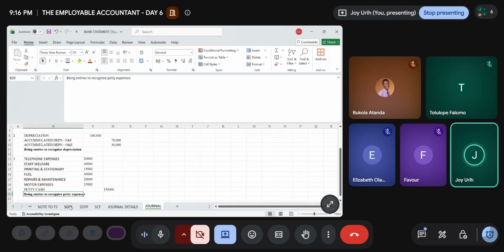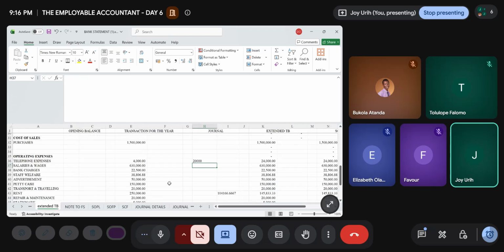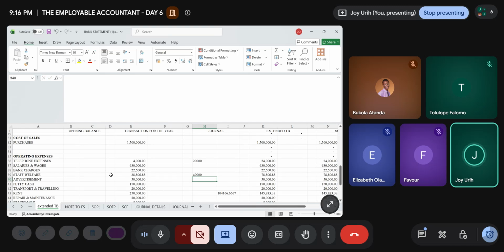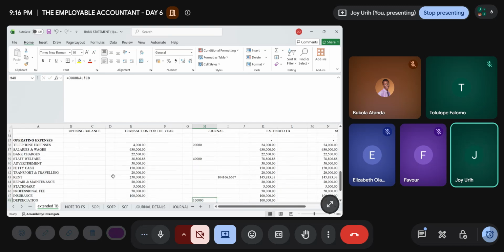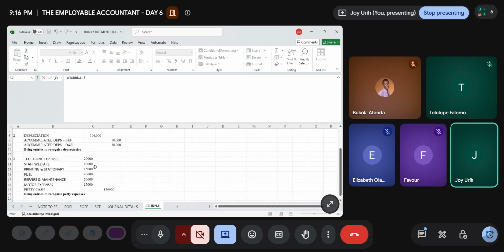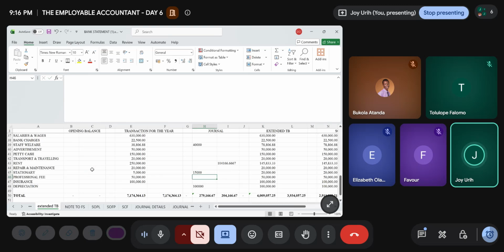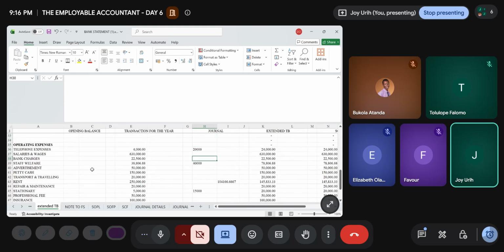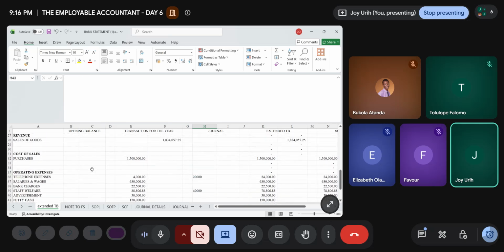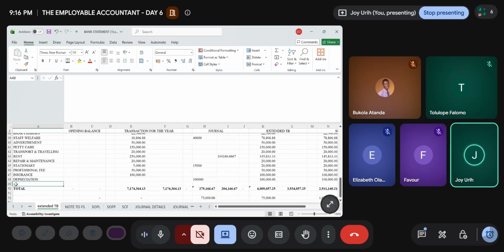The next is staff welfare. Next is printing and stationeries. The next is fuel. Okay, we don't have fuel before. We don't have fuel expenses.